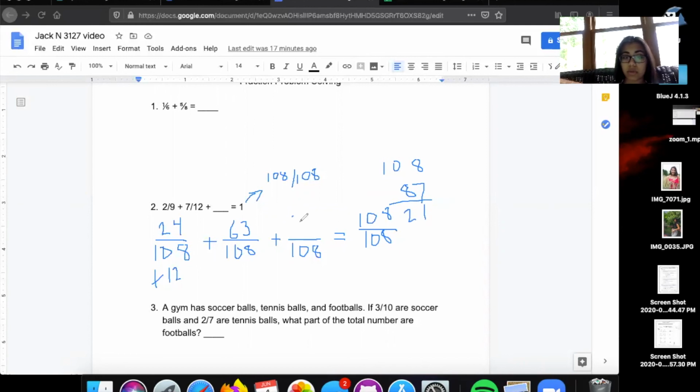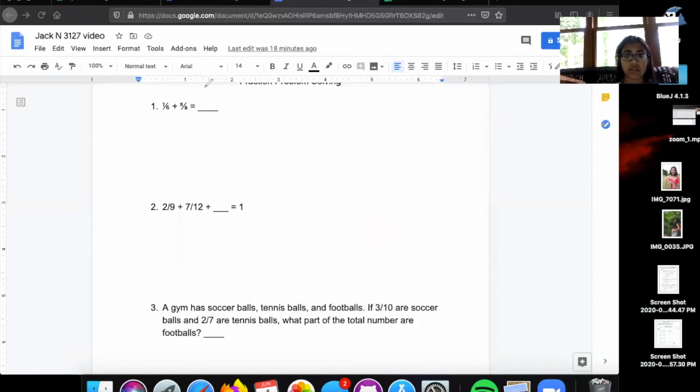So this will get us to 21 over 108, because we're using subtraction. So you use addition in the first half of the problem, and then once you did that addition, you're going to take subtraction. So this is using quite a few different things. And if you need to, you can simplify, but I think you know how to do that. I'm just going to move to the third part of this.